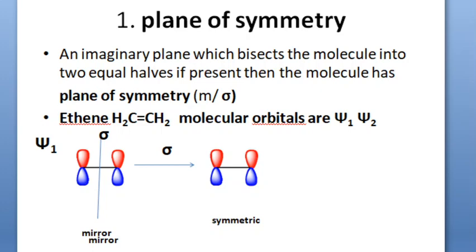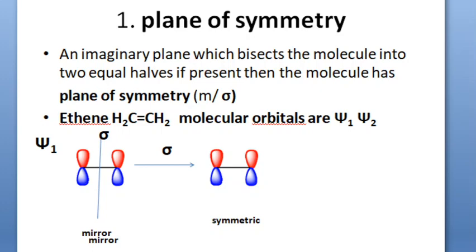CH2 double bond CH2, its molecular orbitals are psi1 and psi2. The psi1 molecular orbital has 0 nodes, because n is equal to 1 here, 1 minus 1 is 0, that is the calculation of number of nodes we have already seen. For a psi1 orbital, number of nodes is equal to 0.